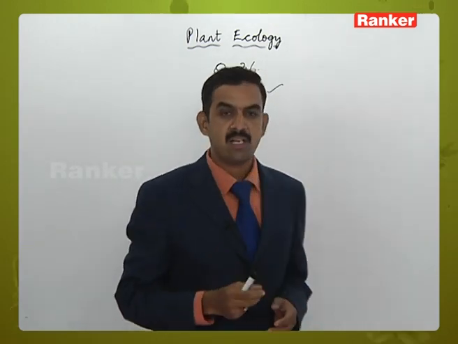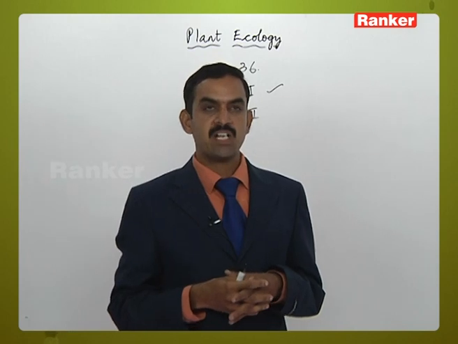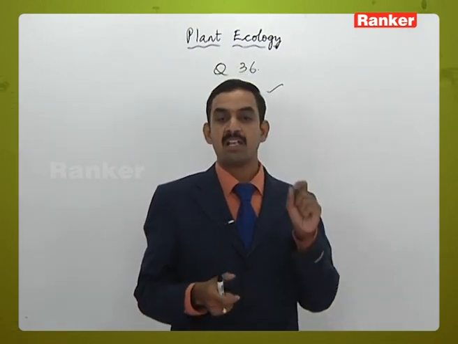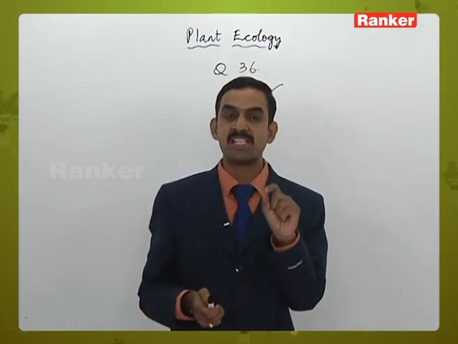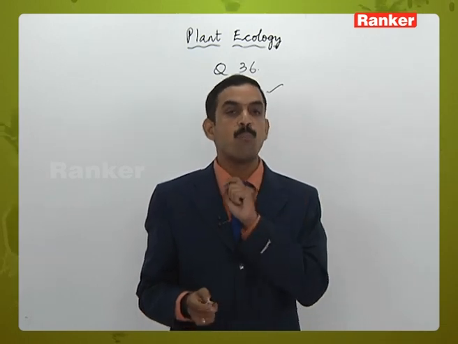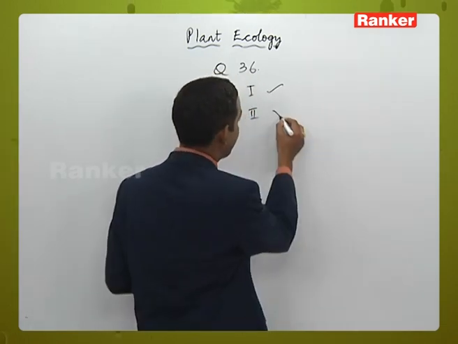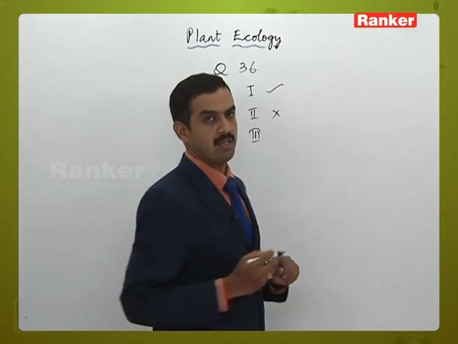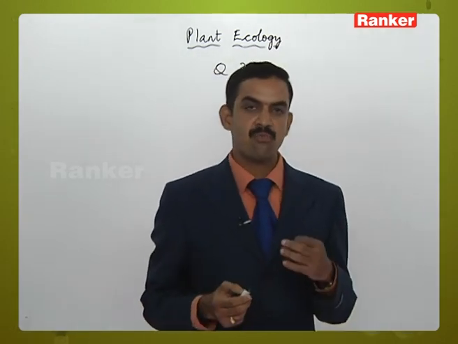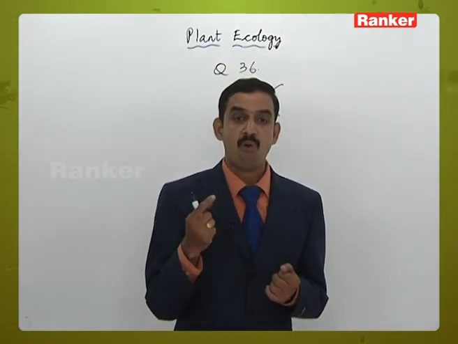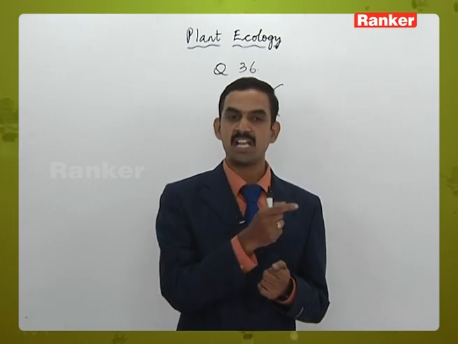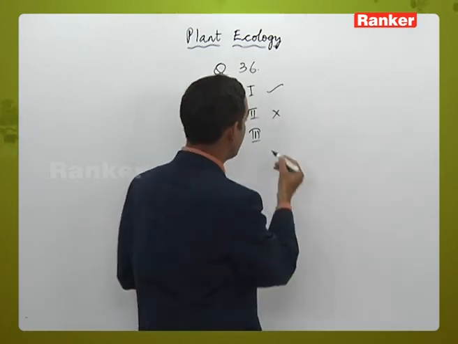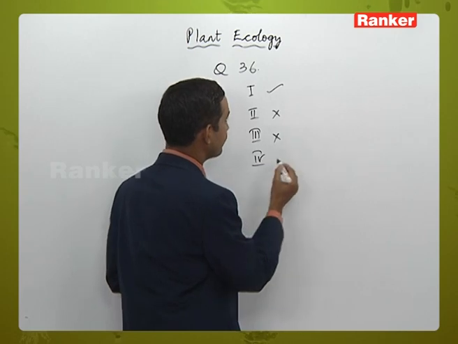The second one is provisioning service, water purification, and plants and animals. Actually water purification is a regulating service but not a provisioning service. So this is incorrect. Third one, regulating service, fossil fuels and microbes. Fossil fuels is not a regulating service but a provisioning service. So this is also incorrect.